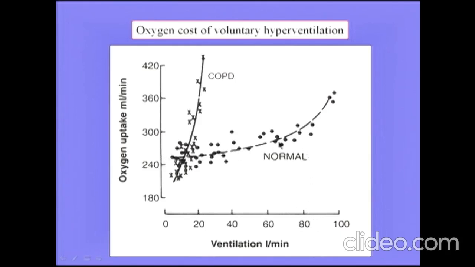There's almost no increase in the total oxygen uptake of a normal subject if he increases his ventilation to 80 liters a minute, say. But look at the patient with COPD. The moment he is asked to hyperventilate, which he finds very difficult to do, of course, because of the dynamic compression of his airways, but he tries to hyperventilate, and enormous oxygen uptake, and that simply just reflects the tremendous work of breathing in these patients.